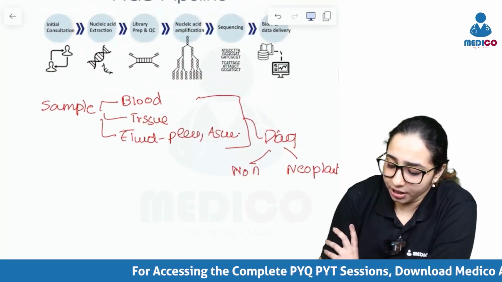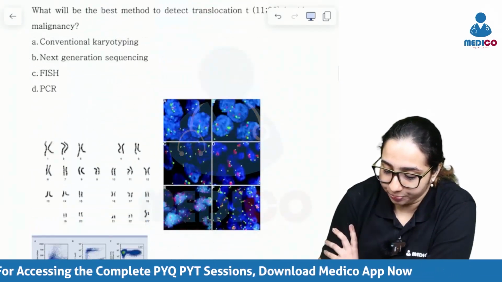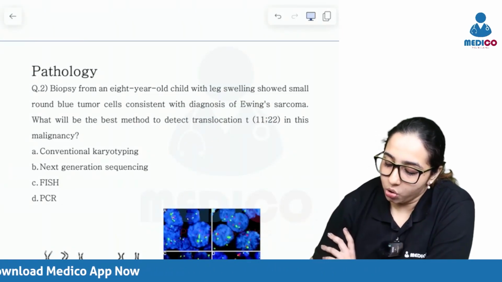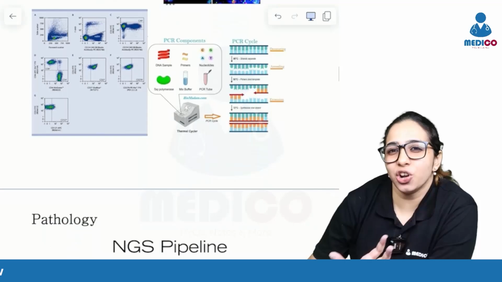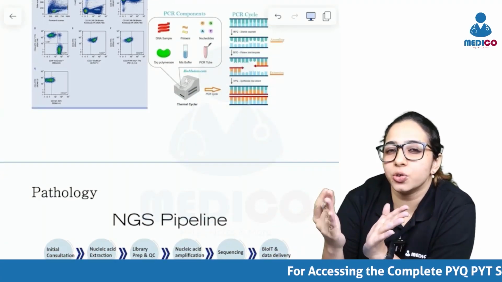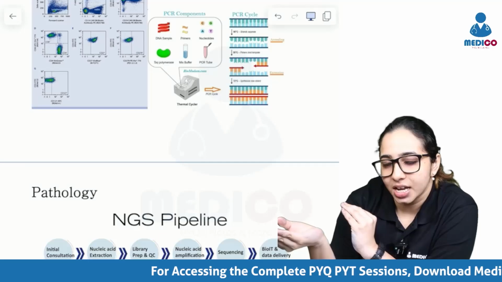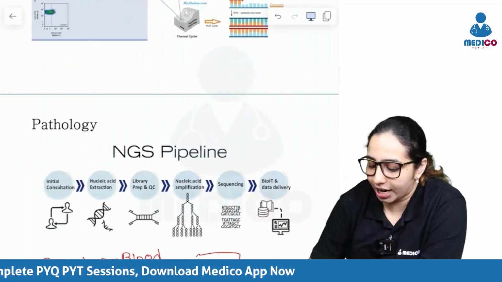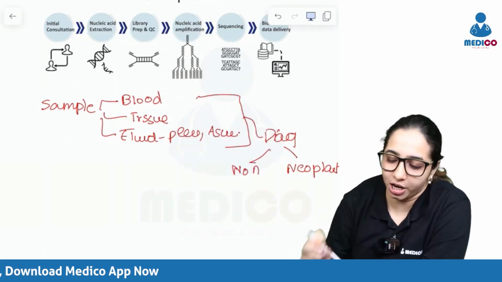So, here you have a boy with a leg swelling. Now, in such a situation, normally after imaging, the surgeon goes for either a biopsy or they will take it out completely. Usually the surgeon goes for a biopsy.